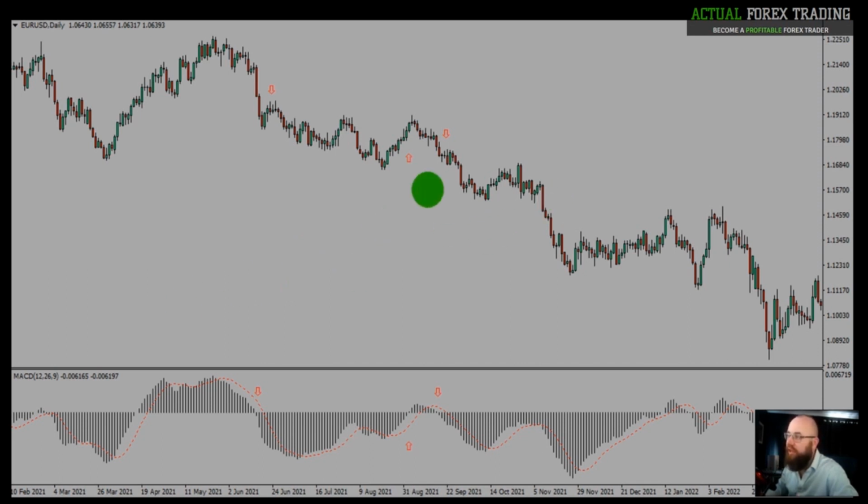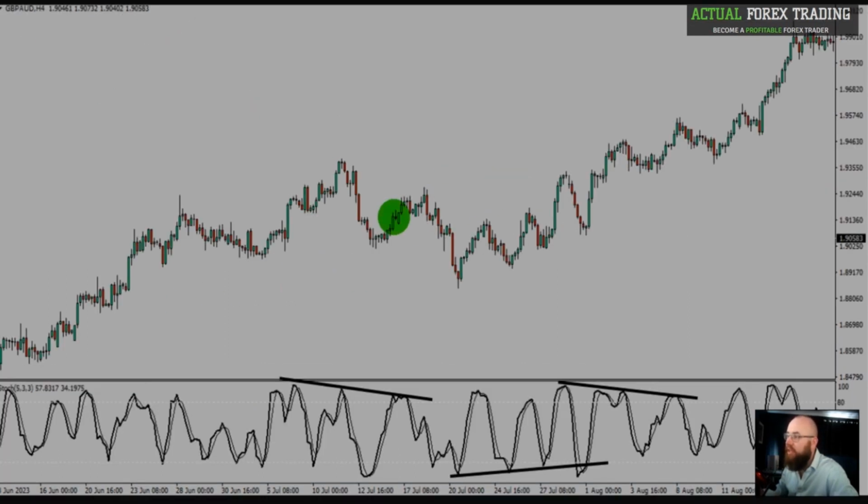This is the stochastic. Once again, we have this up and down motion. It's oscillating. Now, this is probably the hardest indicator and the hardest way to use an indicator covered in this video.